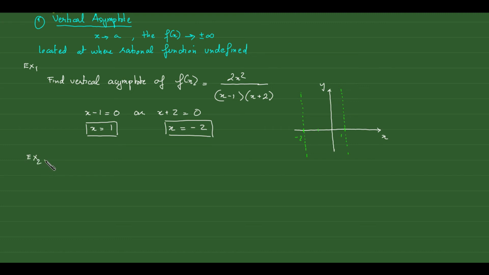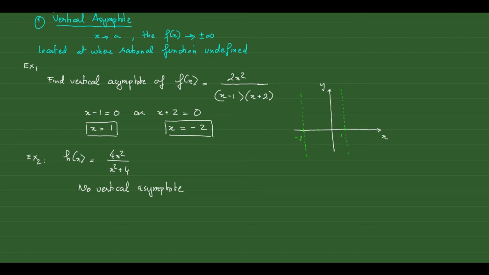And of course, if the function is defined everywhere, for example in this case, defined everywhere because the domain is negative infinity to positive infinity, then we have no vertical asymptote.